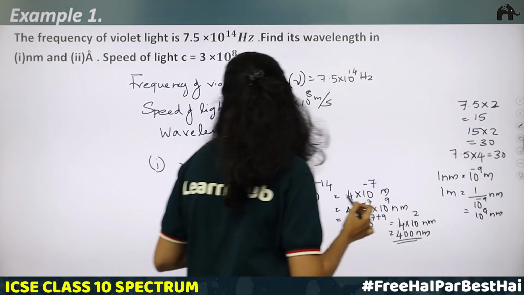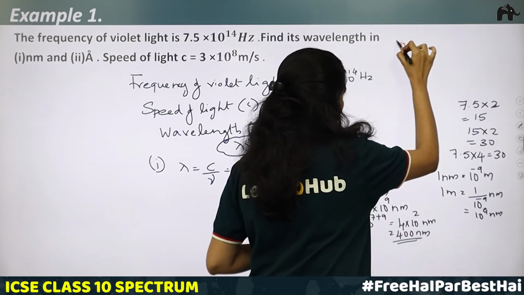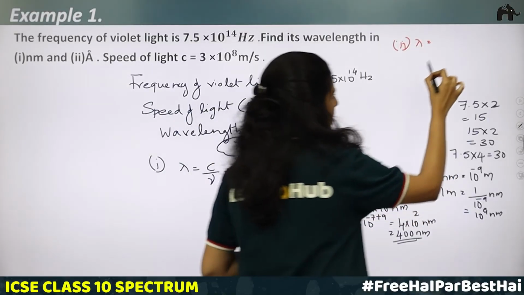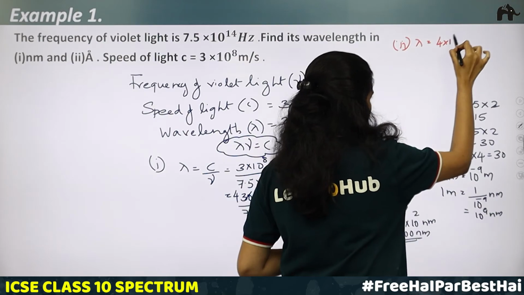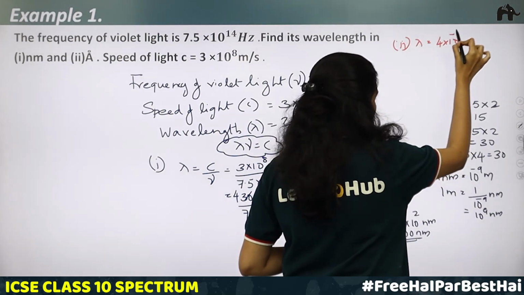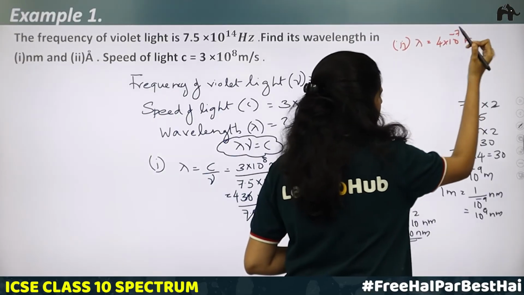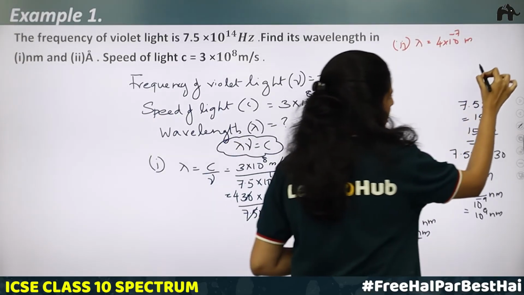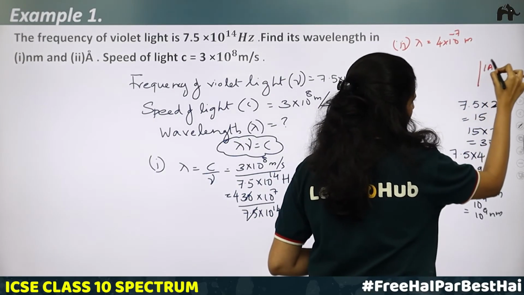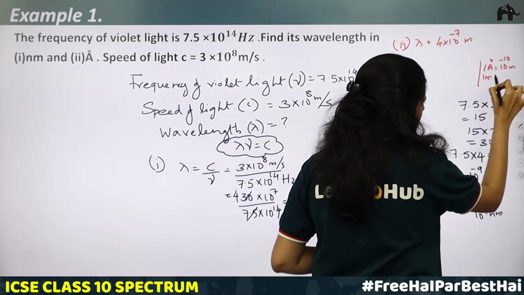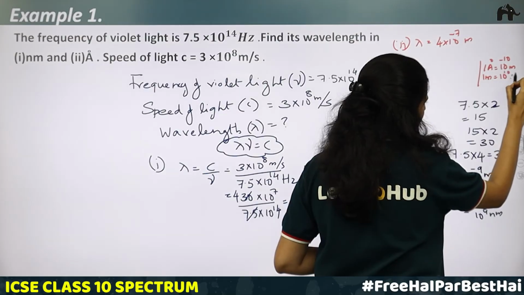Now we have to find the wavelength in angstrom. Lambda we are getting 4 into 10 raised to minus 7 meters. Here what is the relation? 1 angstrom will be equal to 10 raised to minus 10 meters, which means 1 meter will be 10 raised to 10 angstrom.